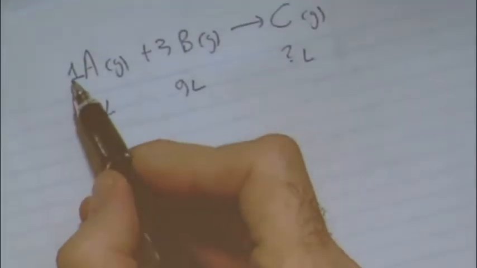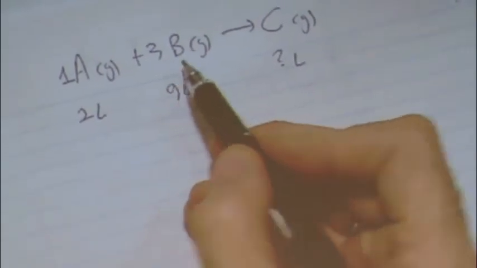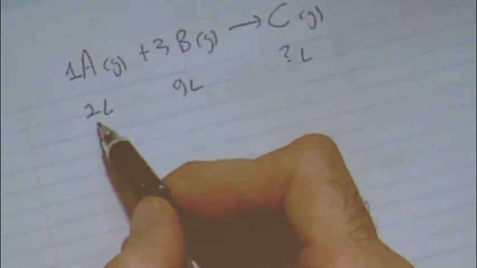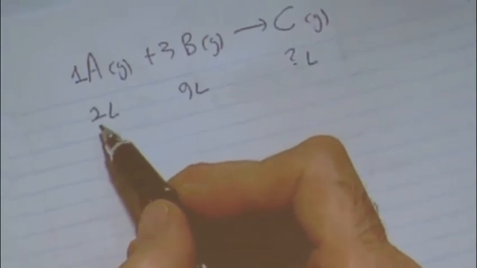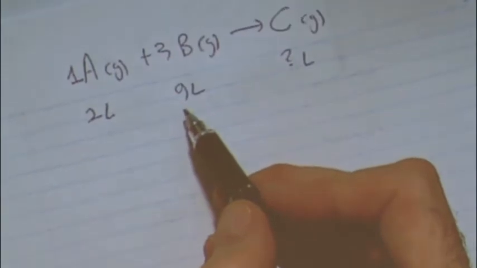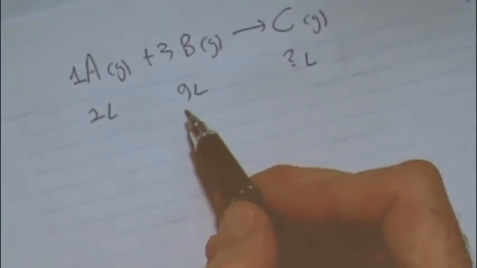If 1 liter of A reacts with 3 liters of B, 2 liters of A will require 3 times more. Isn't that right? So how much will it require? 6. What do I have? Okay, immediately, when you see that you have more than what you need, you say that is in excess. And therefore, this is the limiting reactant.